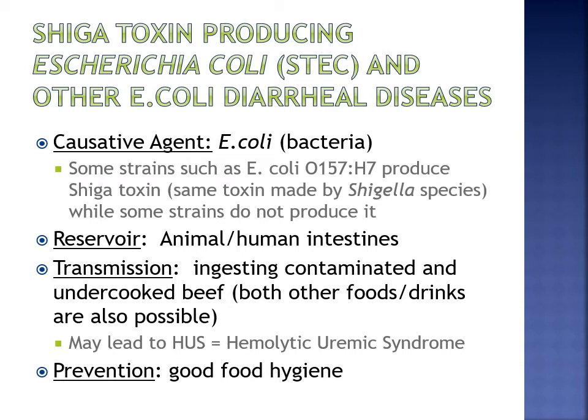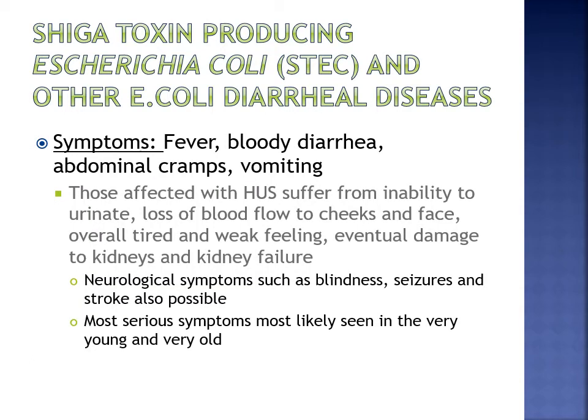Particularly beef is most common, but it can be several other types of meats as well. Specifically, the E. coli strain with that Shiga toxin can also produce a symptom known as HUS, hemolytic uremic syndrome, which we'll talk about in a second. Prevention for this, like pretty much all of these, is good food hygiene. Make sure you wash your hands, and make sure food is stored and cooked properly.